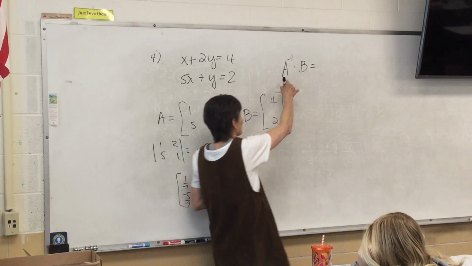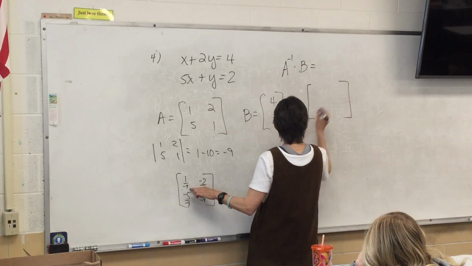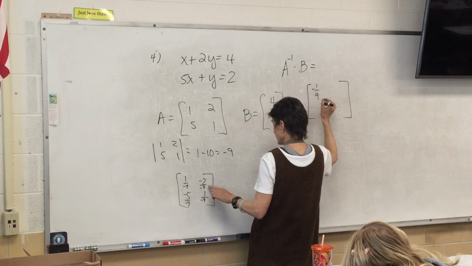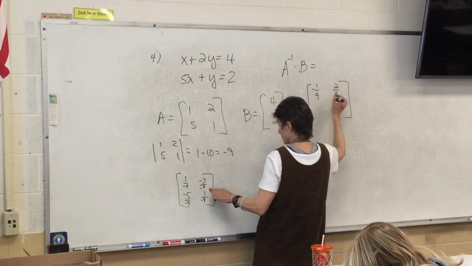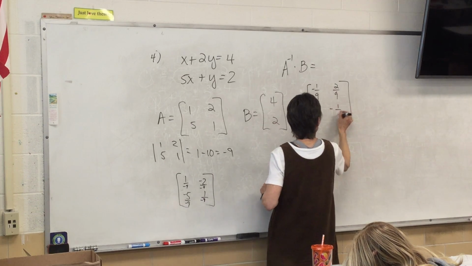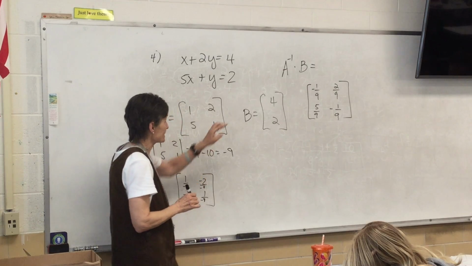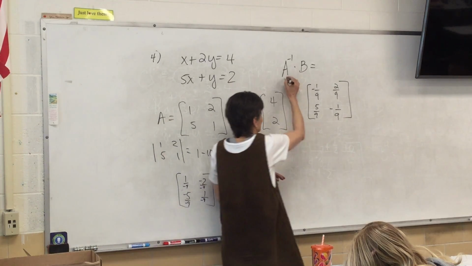And that will be my A inverse. So my A inverse is -1/9, 2/9, 5/9, and -1/9. That's A inverse.